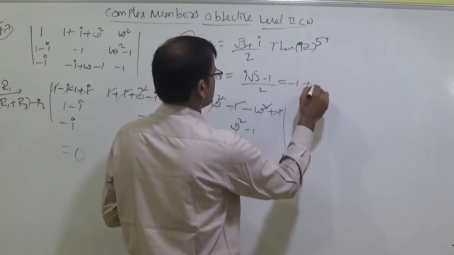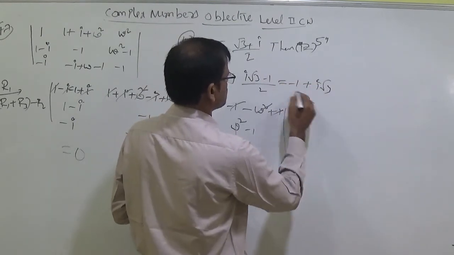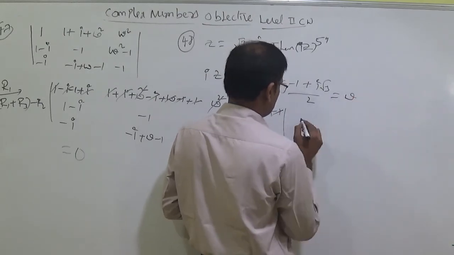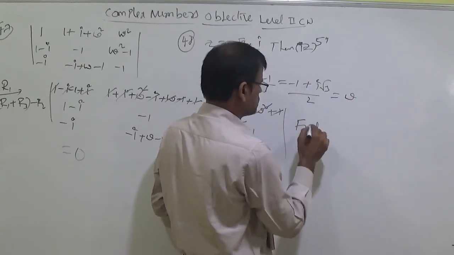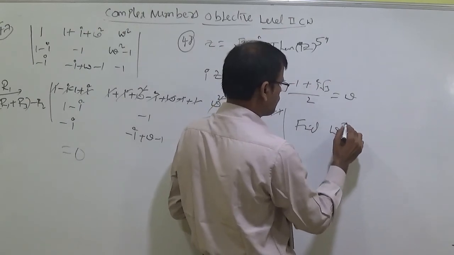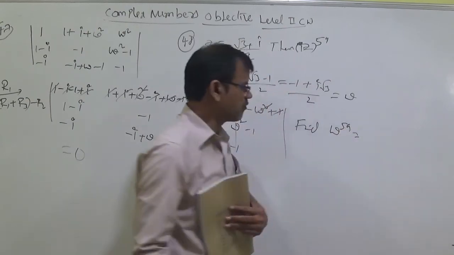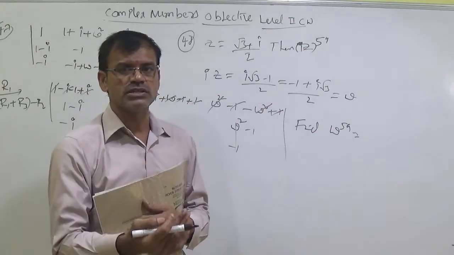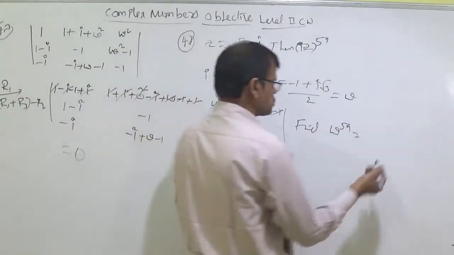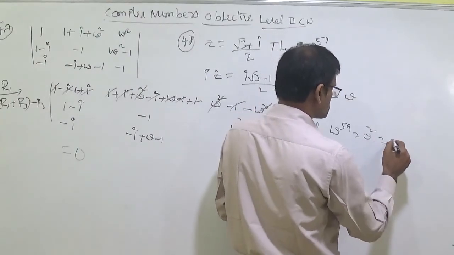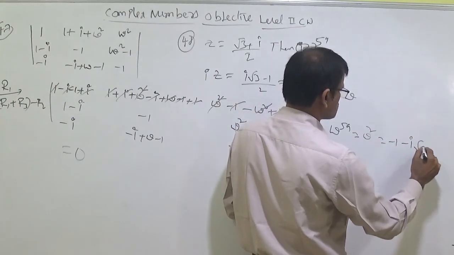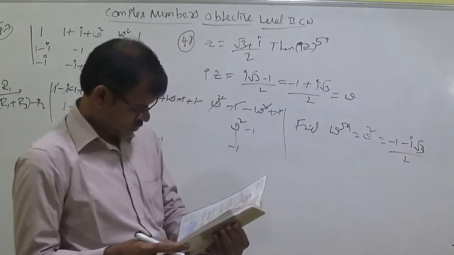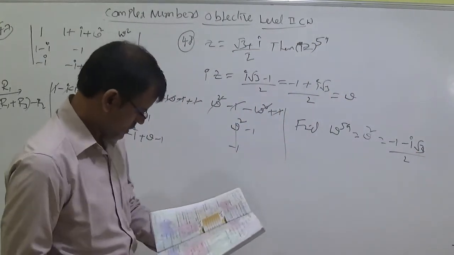We know that minus 1 plus i root 3 by 2 is the value of omega. Now he is asking iz power 59, so omega power 59. Omega power 59 can be understood as omega power 57 dot omega square, so it is nothing but omega square. Omega square value is minus 1 minus i root 3 by 2, which is the first option.